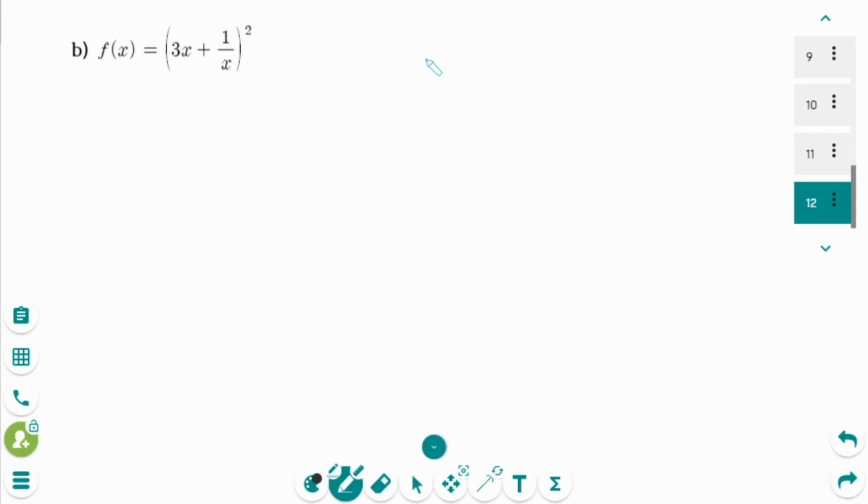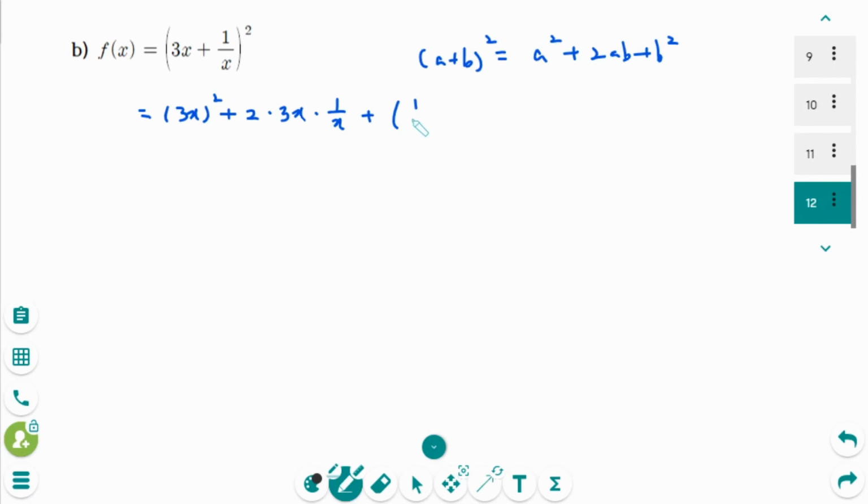Number b, use the formula a plus b squared equals a squared plus 2ab plus b squared. So 3x squared plus 2 times 3x times 1 over x plus 1 over x squared equals 9x squared plus 6, cancelled, plus 1 over x squared.